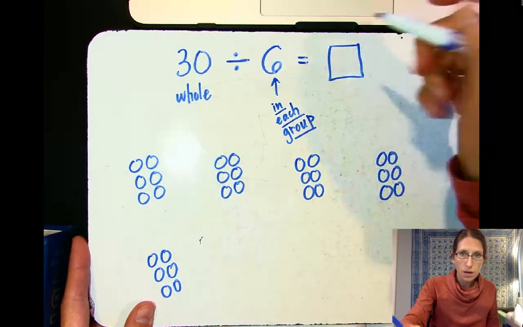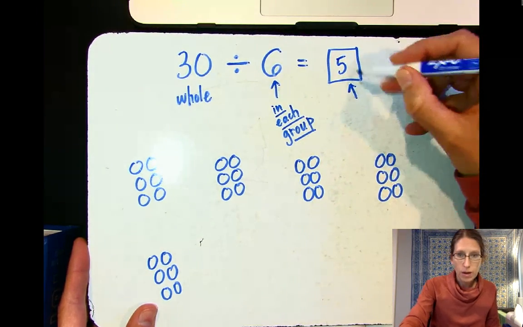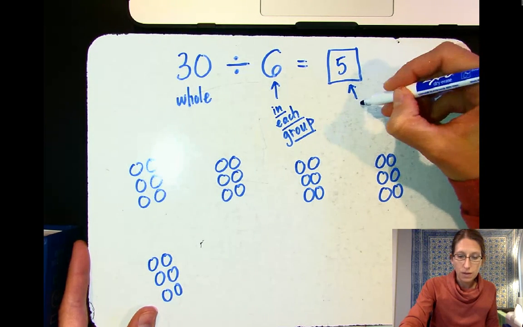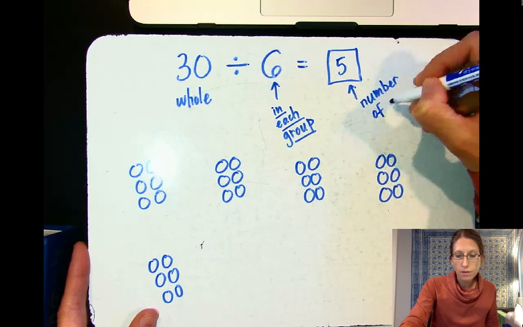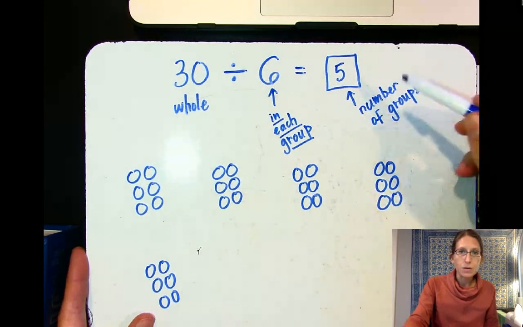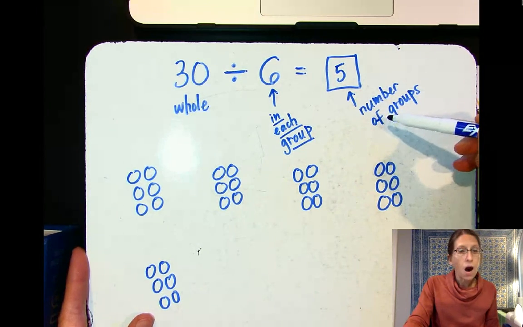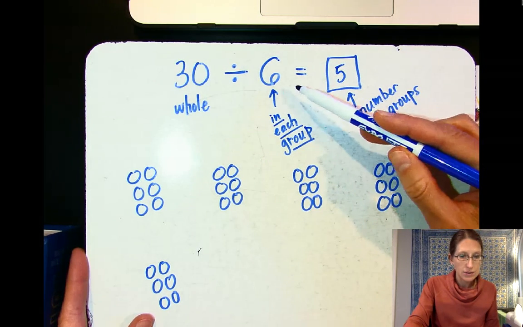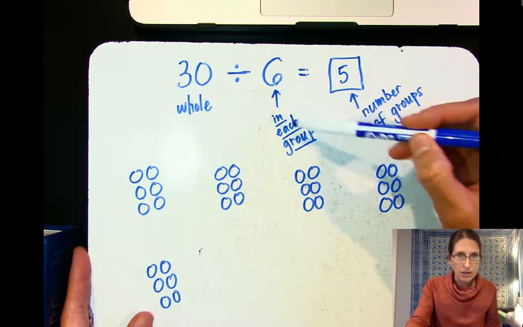So there are 5 groups. So here our answer is the number of groups. So our answer is that there are 5 groups, and there are 5 groups of 6. And when we say of 6, that means 6 in each group.